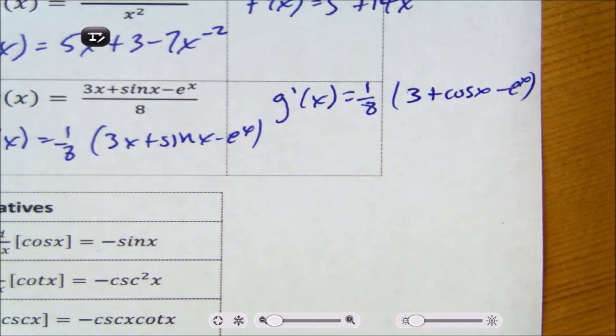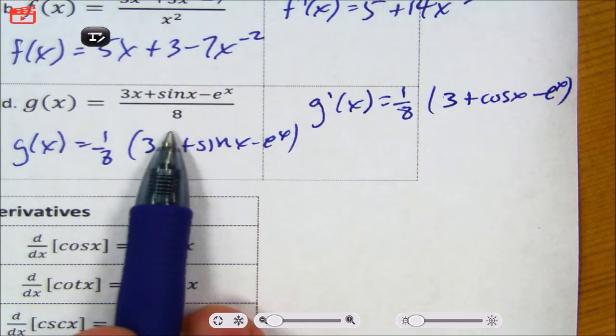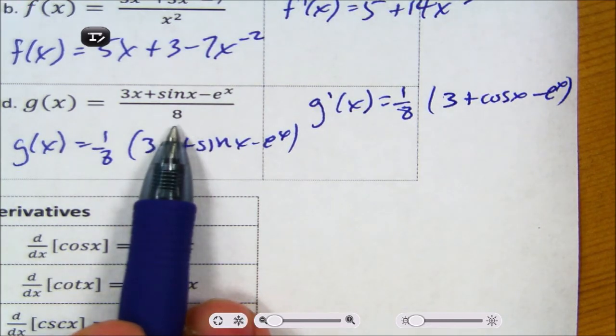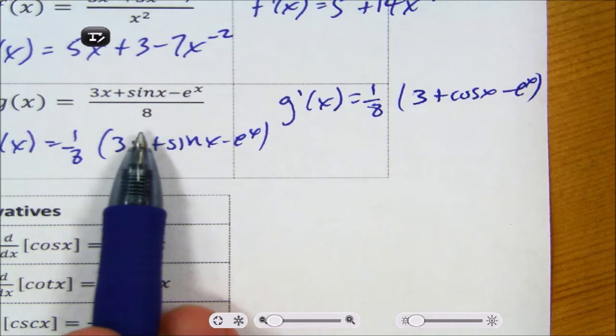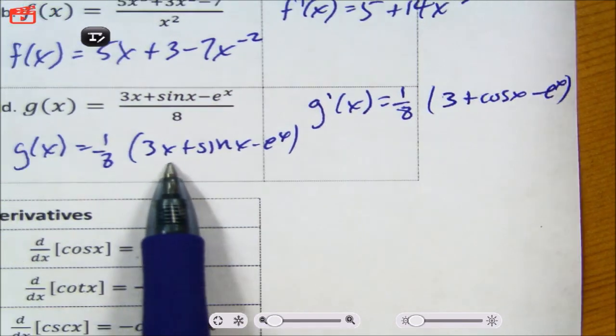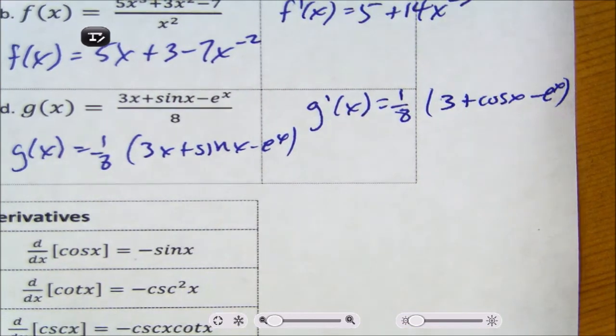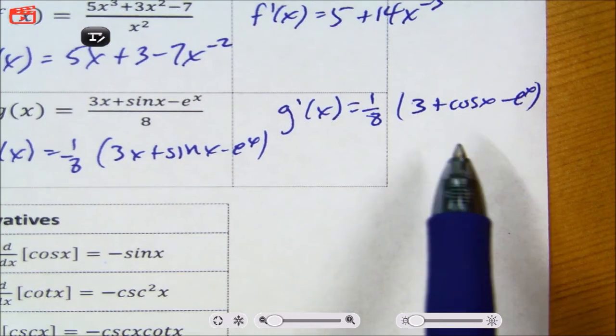Where did 1/8 come from? It's right there. What's the derivative of 3x? Derivative of 3x is 3.